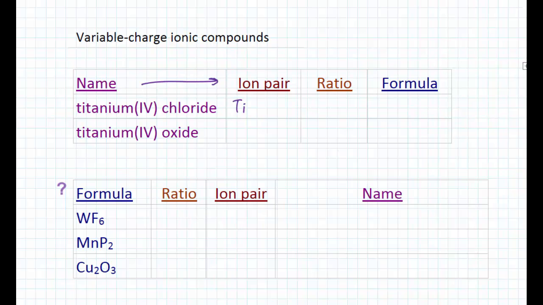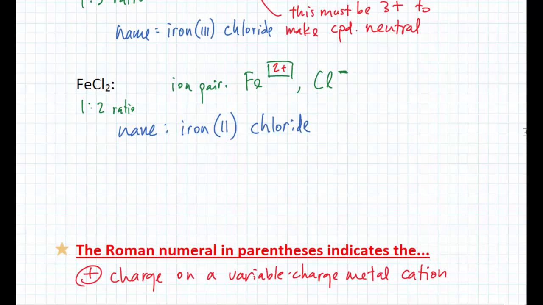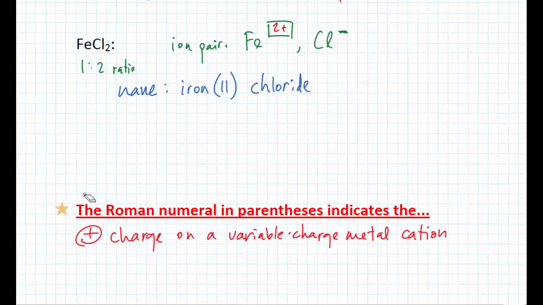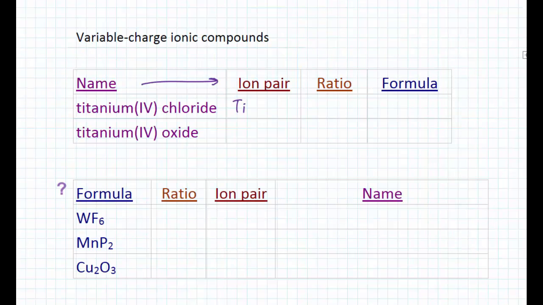Based on this compound right here, how do we know what charge this titanium has? Look back right here. So what charge is the titanium in this compound? 4 what? 4 plus. Metals are always plus. But that's important.